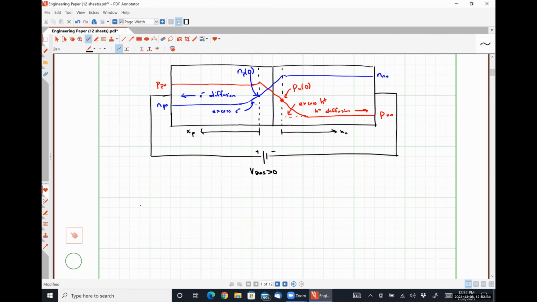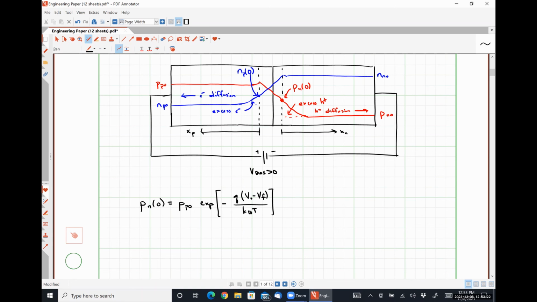So we should have PN, sorry, not PN naught, PN at X sub N equal to 0 is PP naught, which is our hole concentration on the P side of the crystal, multiplied by the exponential of negative Q times V naught minus VF over KBT.